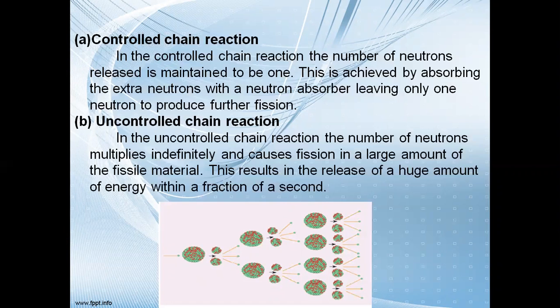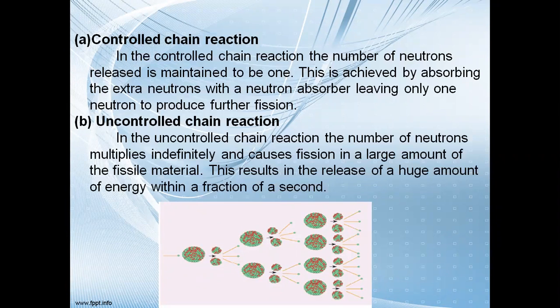In this process, some amount of energy is released, and this energy is utilized for constructive purposes. The controlled chain reaction is also used in the nuclear reactor. It is very useful for this energy.